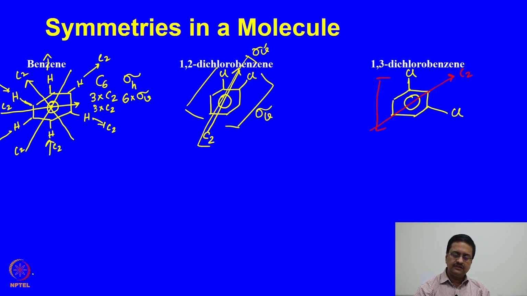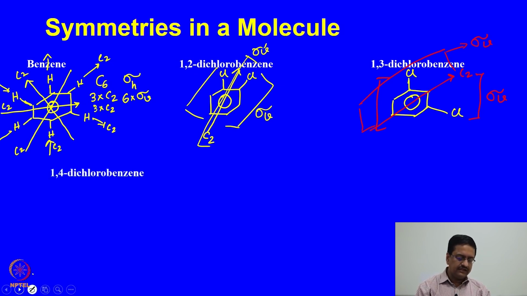The plane of the molecule is a sigma V, and a plane which is perpendicular to the plane of the molecule but containing the C2 axis is another sigma V. So, I am trying to show that different molecules may look very different, but they may have the very same symmetry elements, and some other molecules which may look similar, but have totally different symmetry elements.